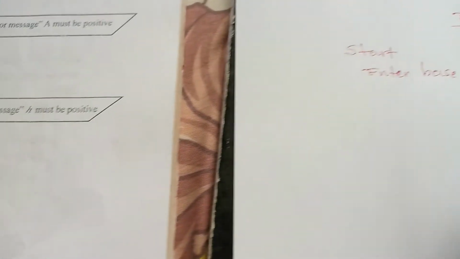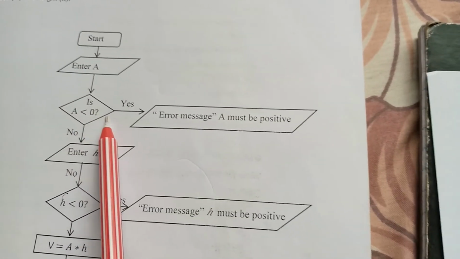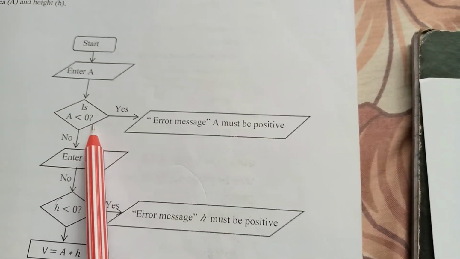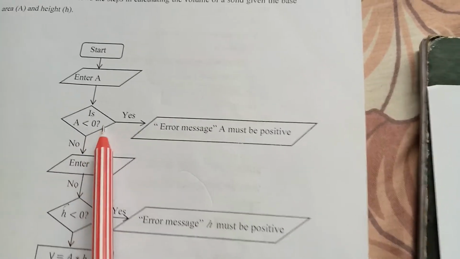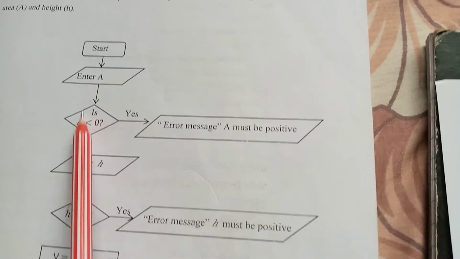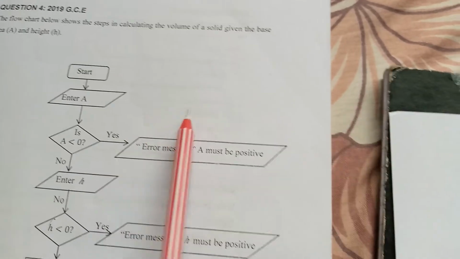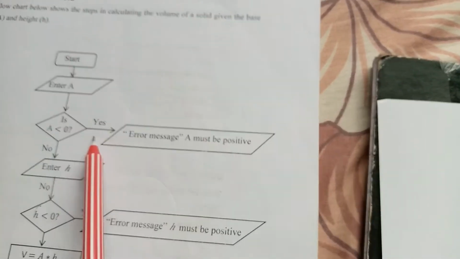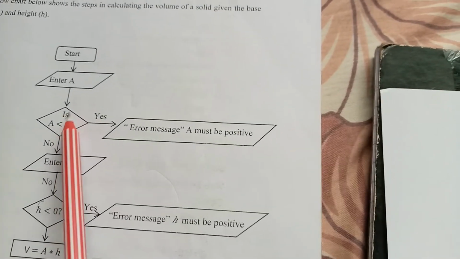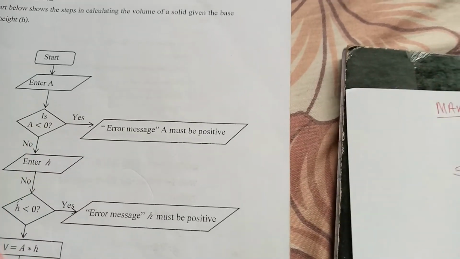Now here they are saying, after this, is area less than 0. So this statement, you say the word is changes to if for you to write a statement there. Last time we said if they are saying is radius less than 0, then the word is changes to if.